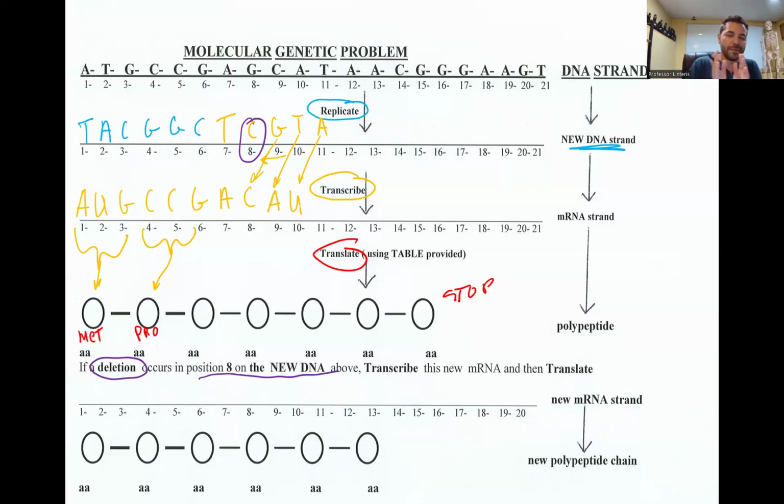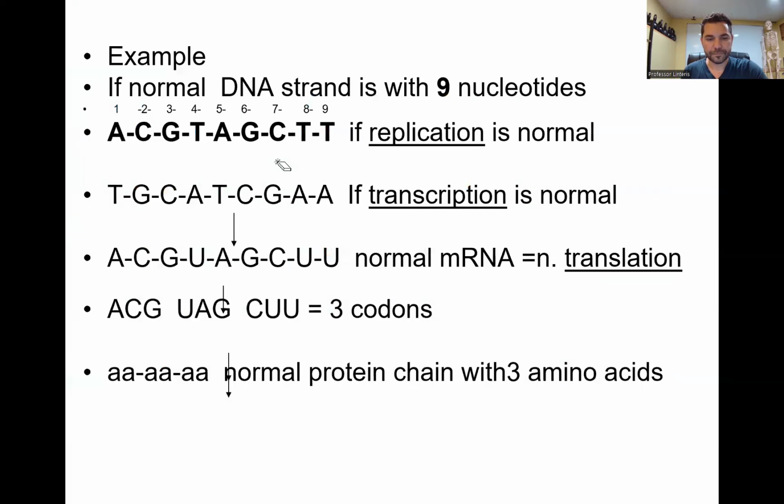So all you did was just delete that one base pair. We call that a deletion mutation, but I'm going to get rid of that just in case you want to look at this sheet complete, to kind of get an idea how to do transcription and translation. I give you some examples here, right, to practice.